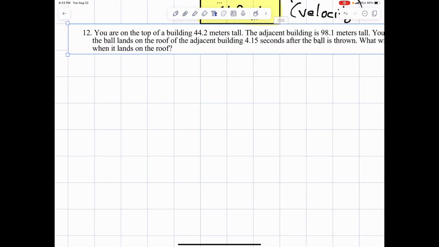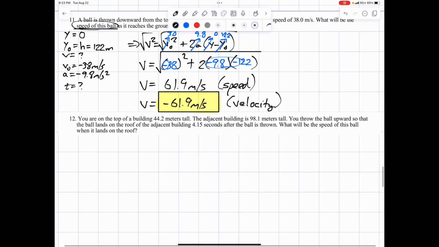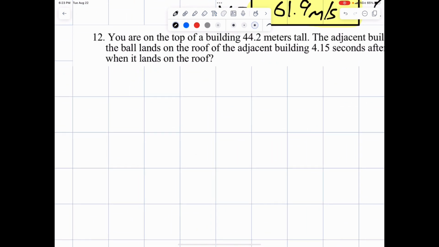Okay, well, let's sketch out what's going on here. So here's the first building. Here's the adjacent building.